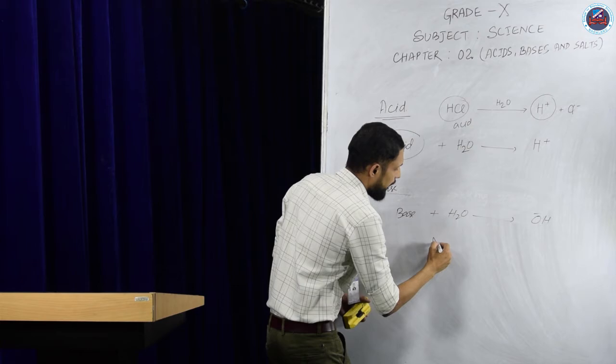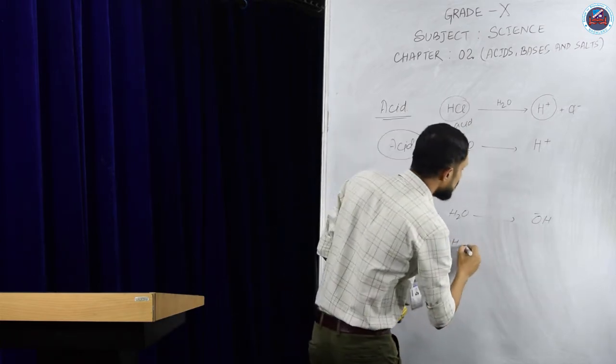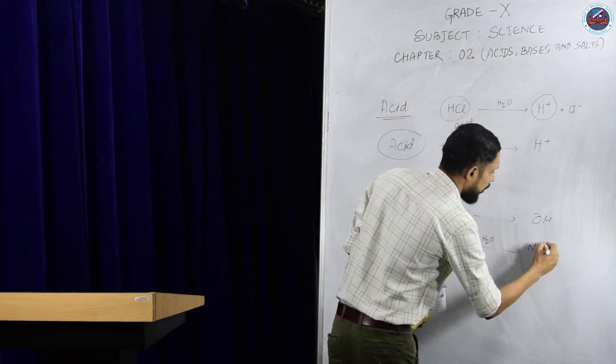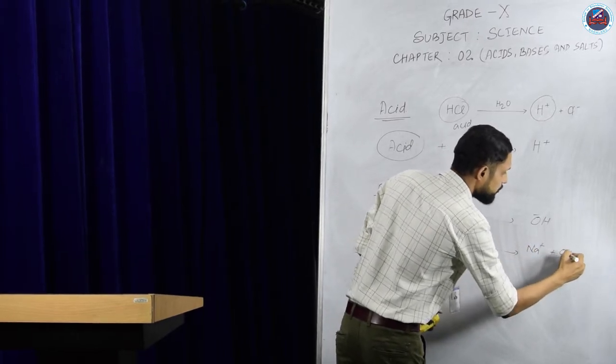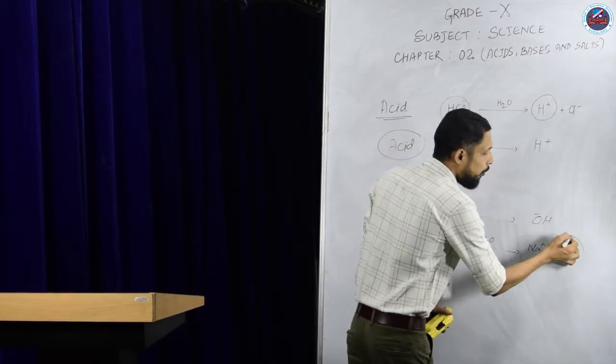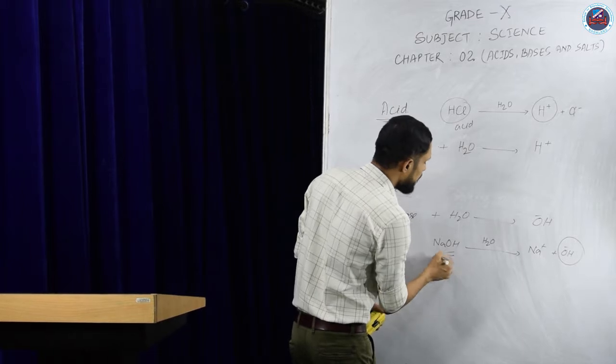You take NaOH, which is known as sodium hydroxide. You dissolve it in water, you'll get Na positive and OH negative. So you can see this compound gives out OH negative, that is hydroxyl ion. So this compound is a base.